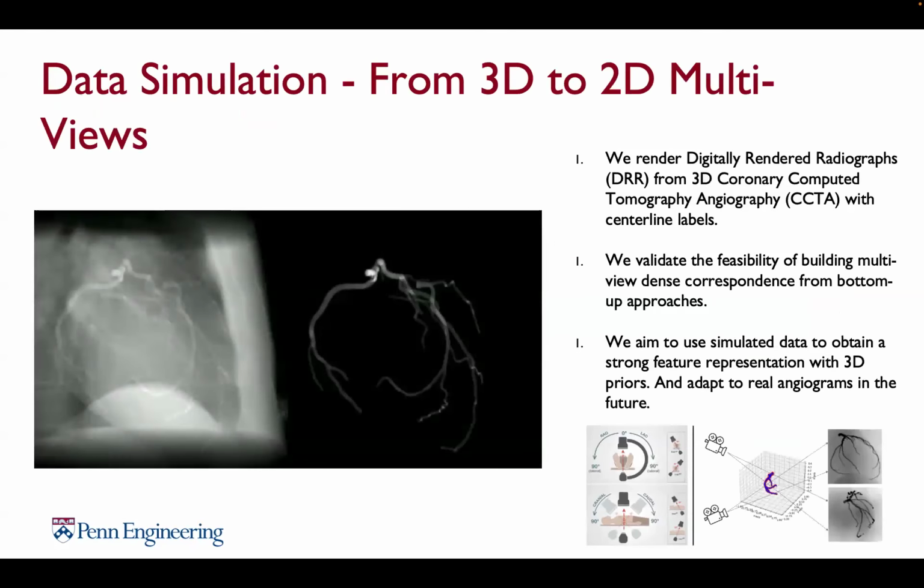We have access to 3D CT angiograms, and we use a technique called DRR to project it into different, quote unquote, X-rays from different viewpoints. What you see on the left is rendered X-rays, which look pretty good from a data set perspective. And we want to use the simulated data to perform some kind of correspondence matching.